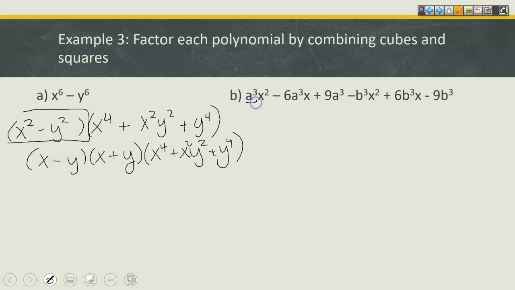So a cubed, a cubed, a cubed, b cubed, b cubed, b cubed. So once again, we're going to do factor by grouping. So we'll take out our GCFs of the first three, GCF of the last three.